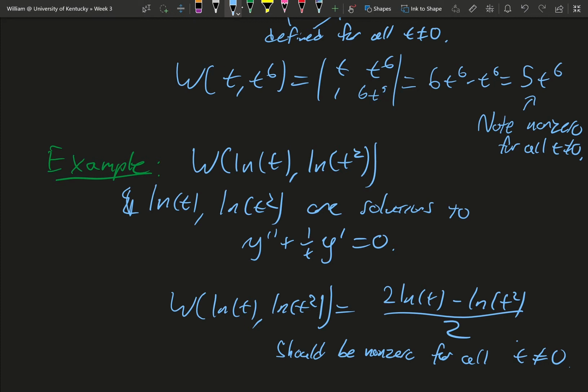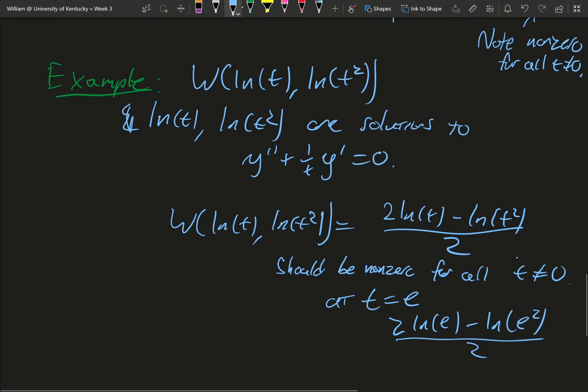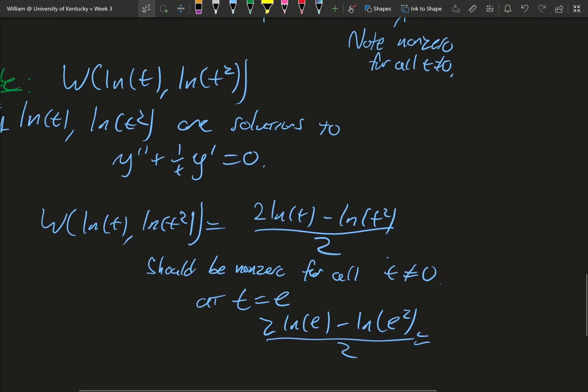So in this case, t being 0 is the only thing that can make this not continuous. But if you plug in, say, t equals e, we see that 2 natural log of e minus ln of e squared, you could plug that into your calculator. But natural log of e is 1, and natural log of e squared is 2, and so we get 0. So the fact that this is 0 tells us that our Wronskian is just equal to the 0 function.